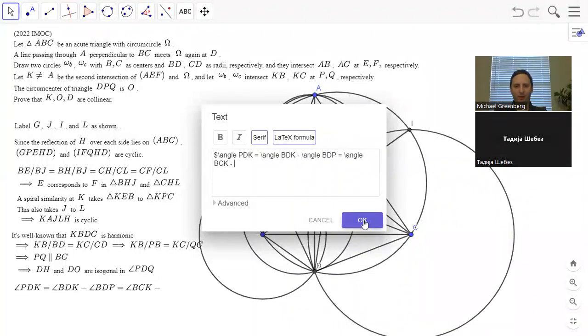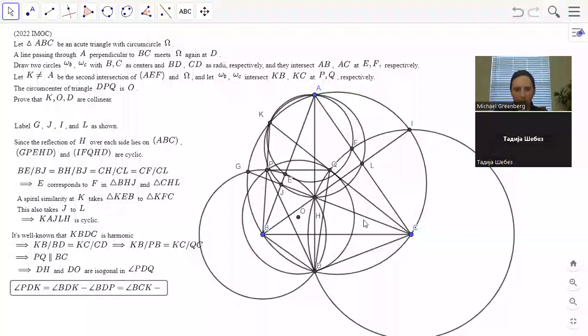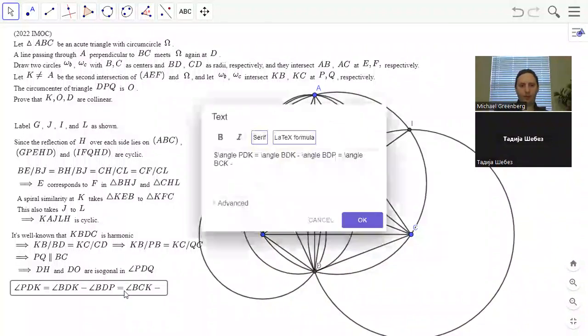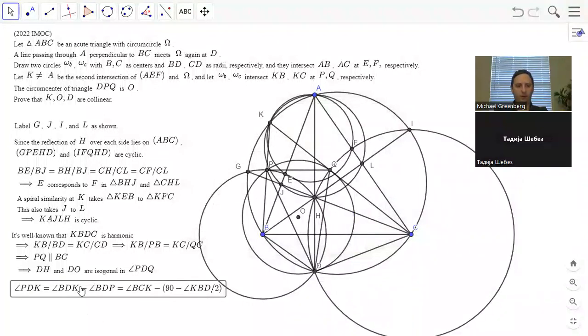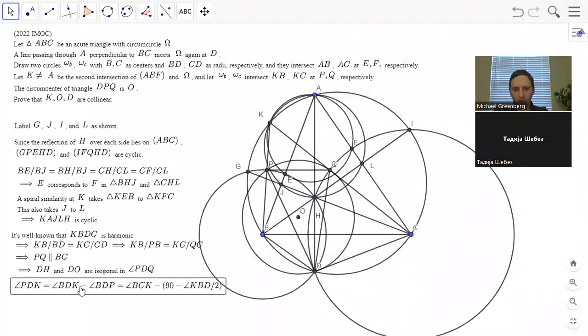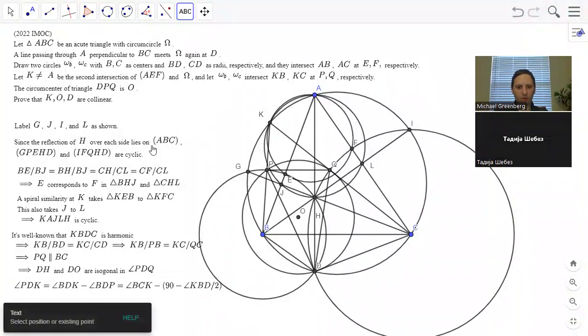So BCK minus 90 minus half of KBD. Okay, so I'll leave that for now, and then let me calculate QDH. No, you can calculate it more.